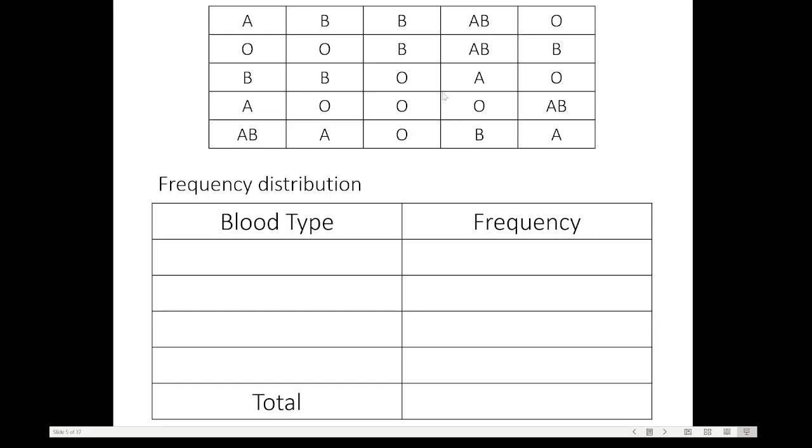So in this situation, if you look, we have several categories here. We have blood type A, blood type B, blood type O, and also blood type AB. So that means we have 4 types of blood in this raw data set. So that's why you can just write 4 types of blood type over here.